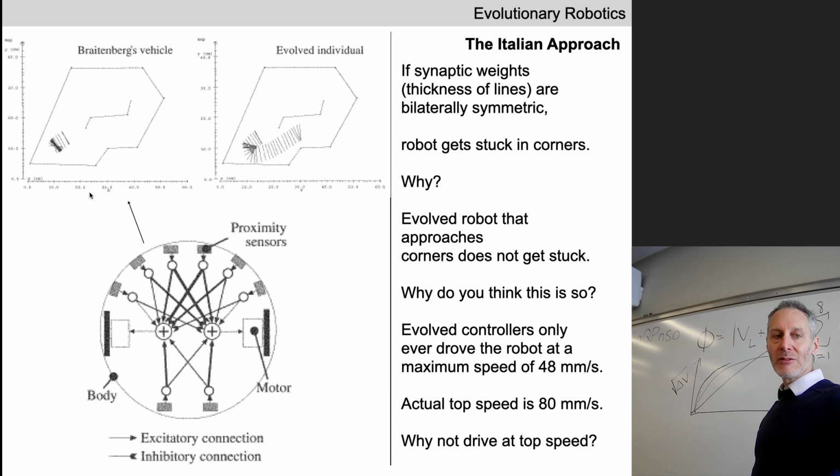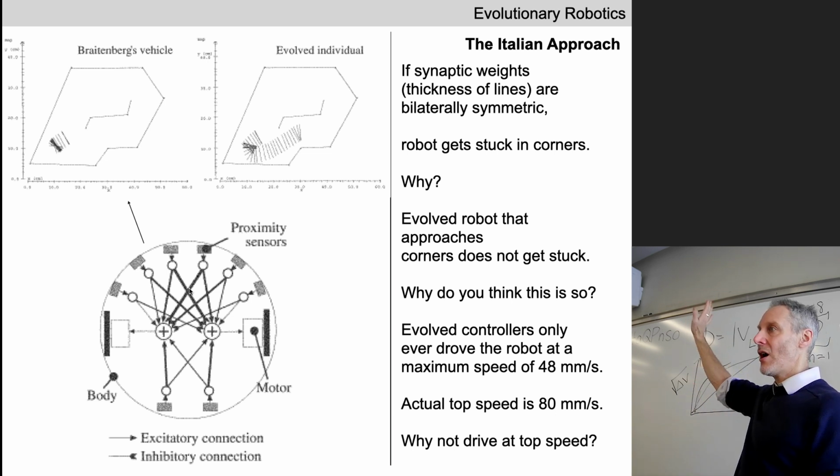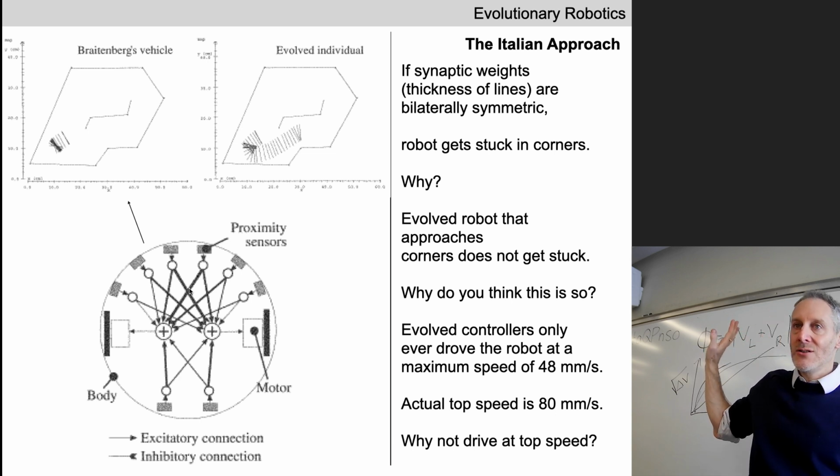For fun, the researchers set these synaptic weights. I'm sorry, I misspoke earlier. I said that the genetic algorithm set these line thicknesses. They didn't. The human researchers, by hand, tuned these synaptic weights to produce the Braitenberg coward. If there's high proximity on your right, turn to the left.